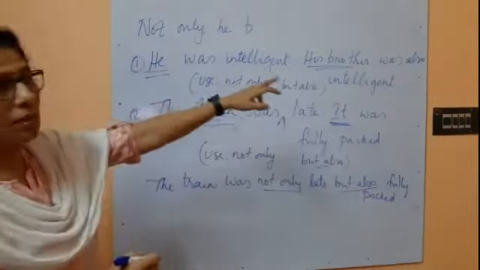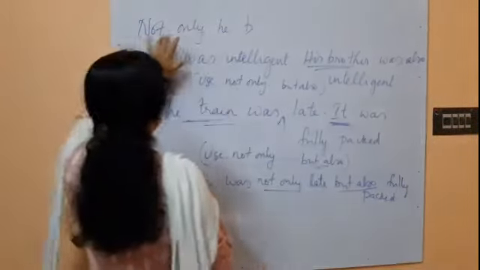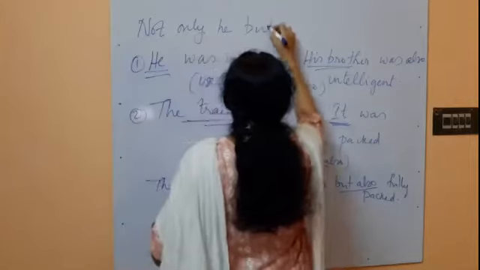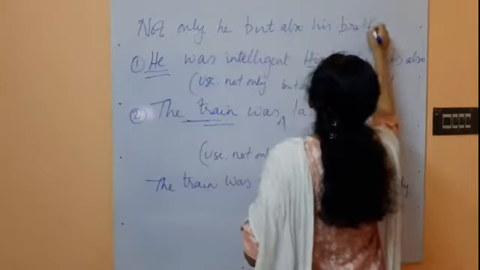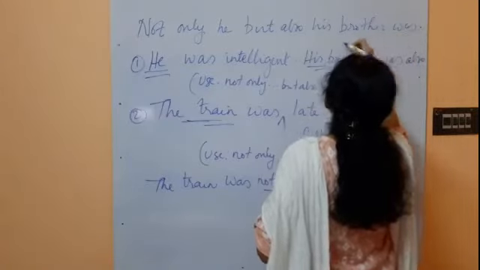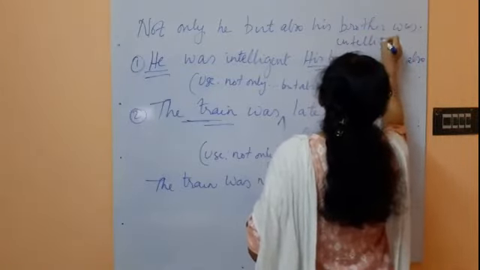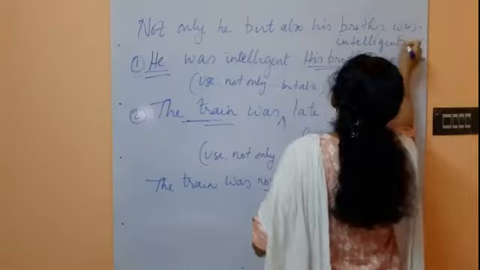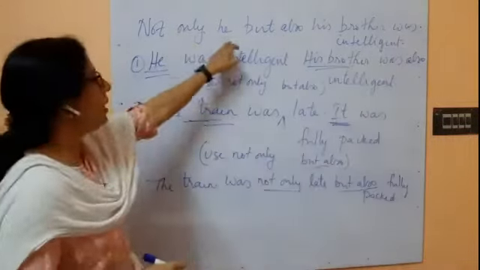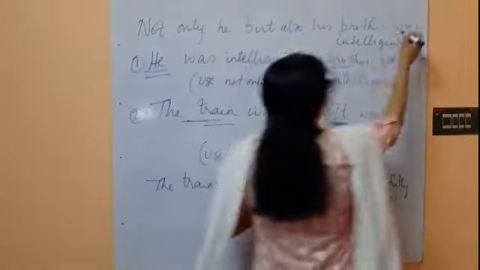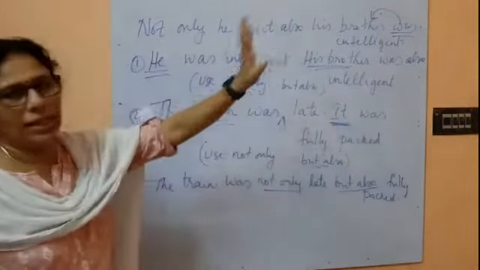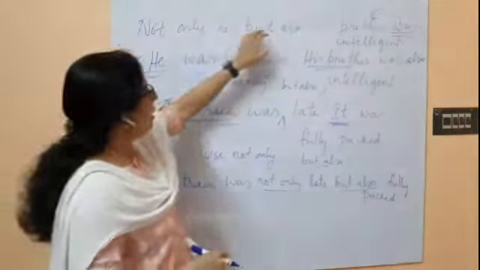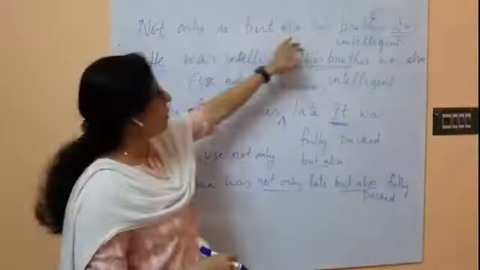But here both the subjects are different, so you have to begin with not only he but also his brother was intelligent. The verb agrees with that subject, his brother. So, not only he but also his brother was intelligent.